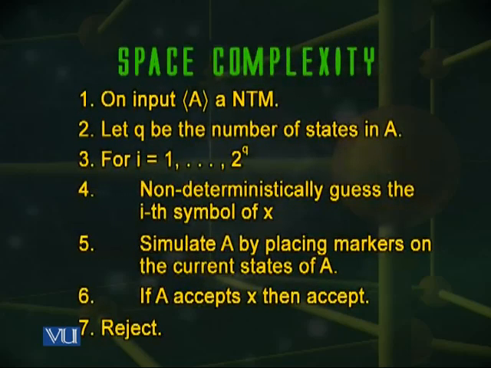On input A, it will count the number of states in A, and then it will run a loop in which it keeps guessing a symbol of X, and uses that symbol to simulate one step of the NFA. If A accepts, then it will accept, otherwise it will reject.